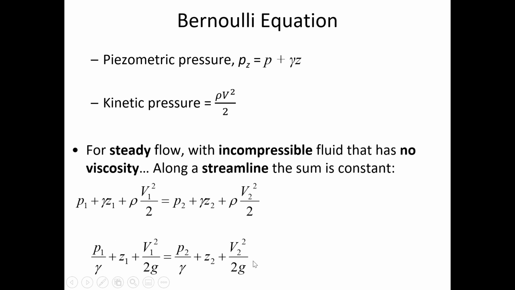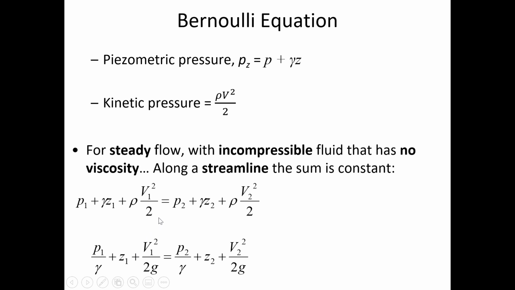The other way that we've seen it before, this bottom version of it, is more useful in civil engineering applications where maybe we need to calculate pressure heads and use the different elevations of tanks in order to understand changes in pressure. So these are both the same equation. If we divide each term on the one on top by gamma, then we get the one on the bottom.